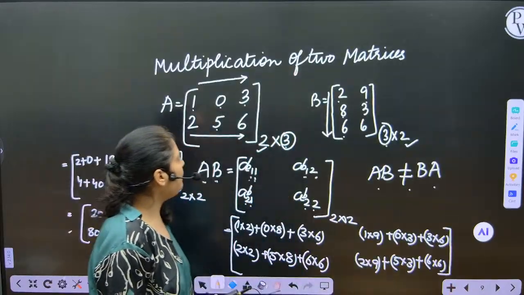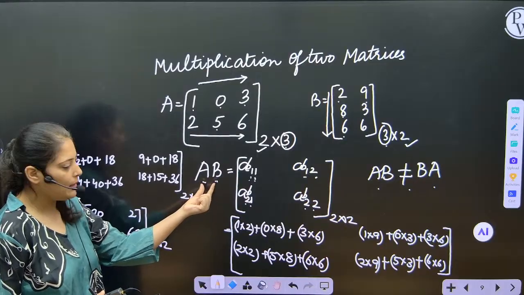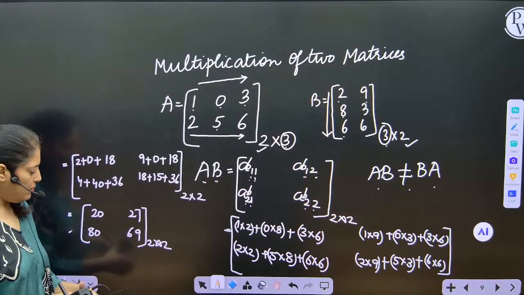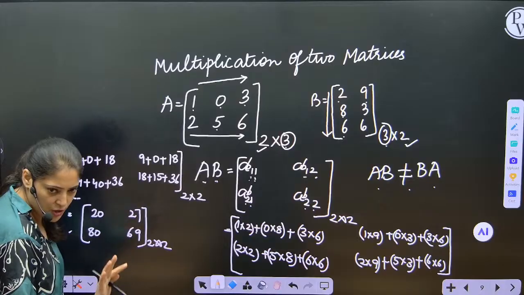And when I multiplied the same matrices and I took the multiplication or product as AB, the matrix was 2 cross 2. One matrix is 2 cross 2, another matrix is 3 cross 3. First, the order is also not same.